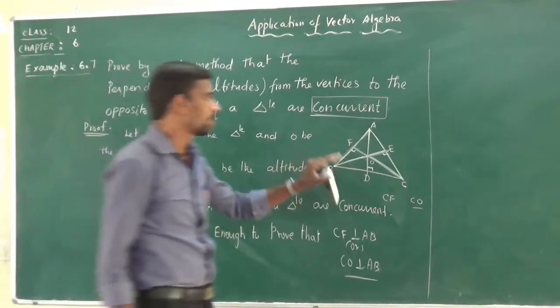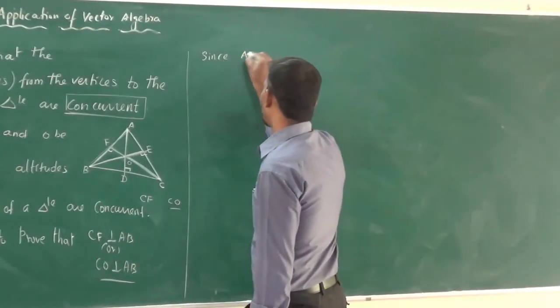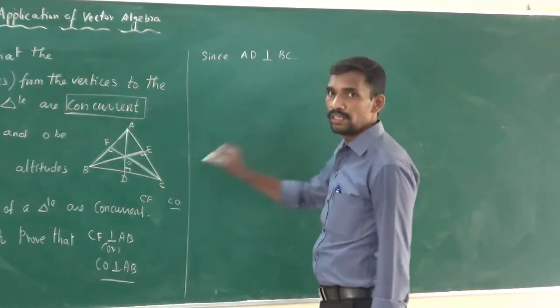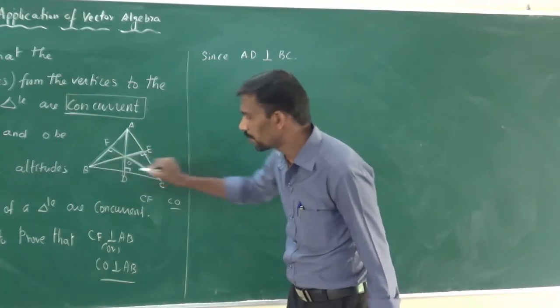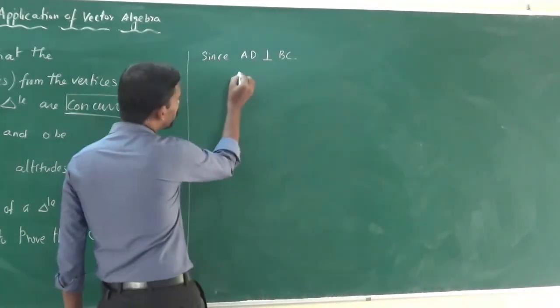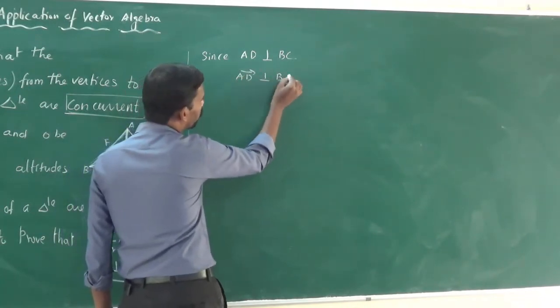Now, I am going to take AD. Since AD is perpendicular to BC, because this is altitude. So in vector, we have to prove vector mechanism. So AD vector is perpendicular to BC vector.